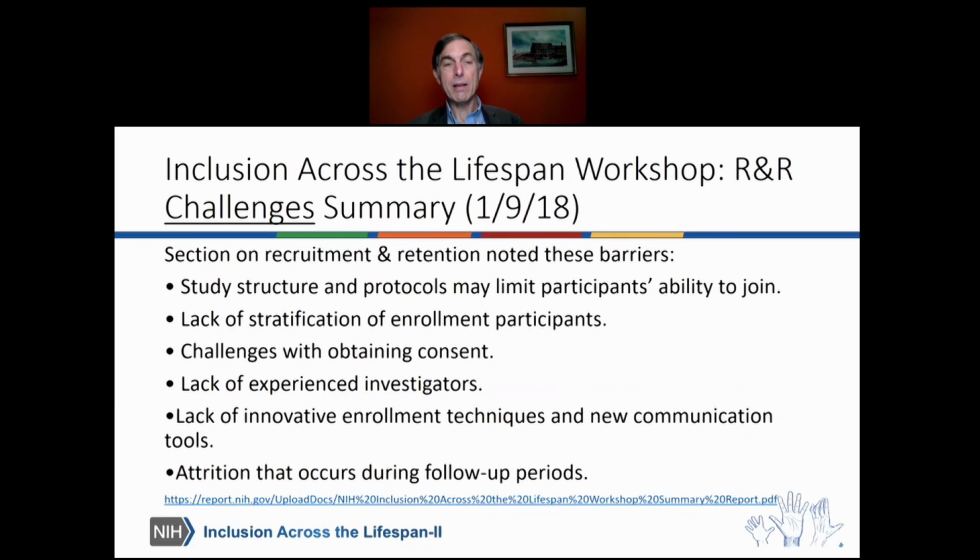Very briefly, they involve study structure and protocols, the lack of stratification, challenges with obtaining consent, lack of experienced investigators, lack of innovative enrollment techniques, and attrition. So these are all issues that dealt with older adults and children generically during that meeting 2 years ago.